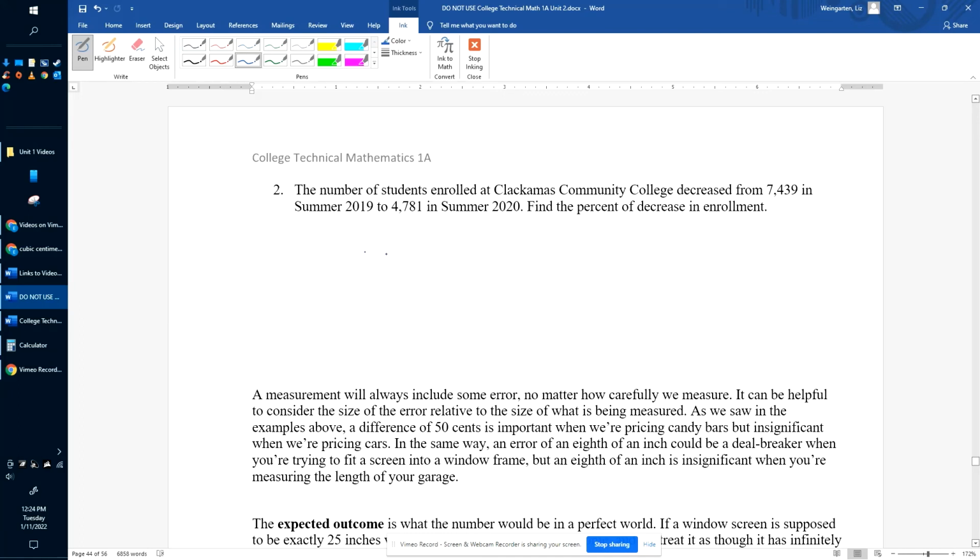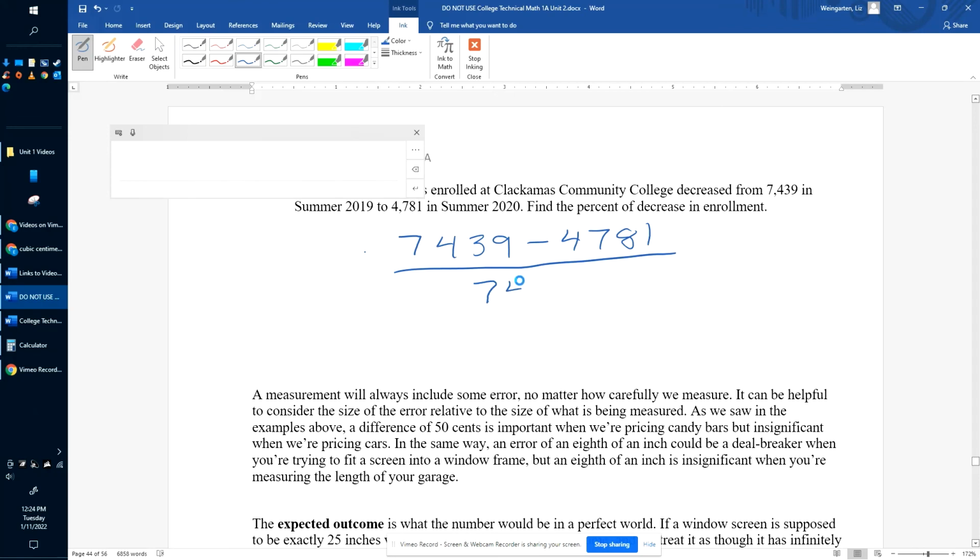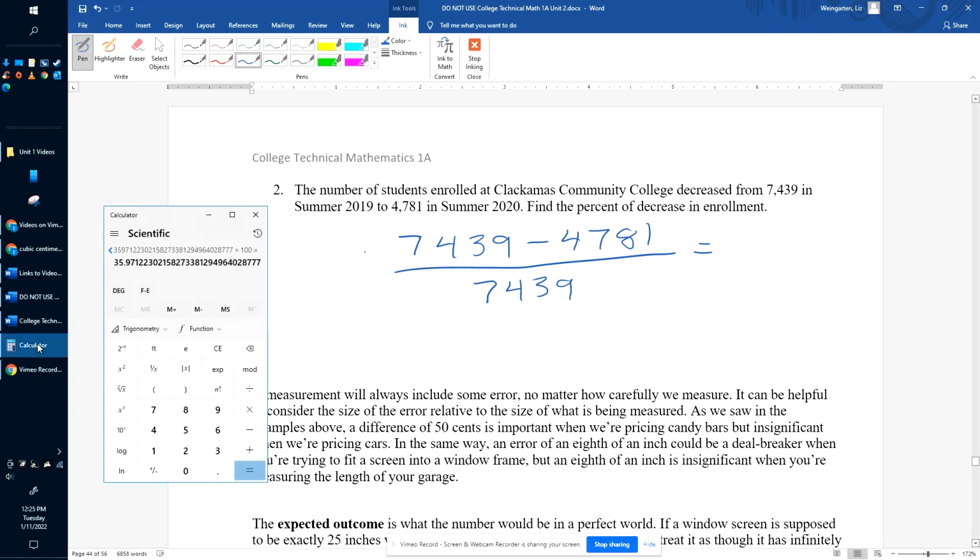So we take the original, 7,439 minus 4,791, and divide it by the original. Times 100, and we get 35.7% decrease.